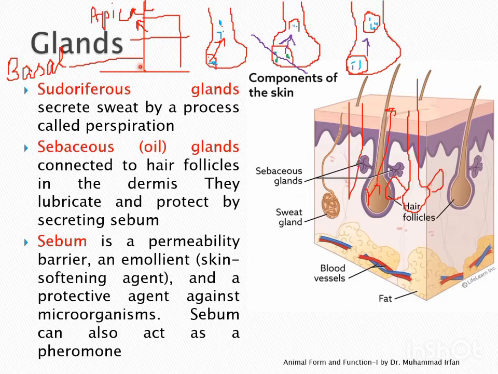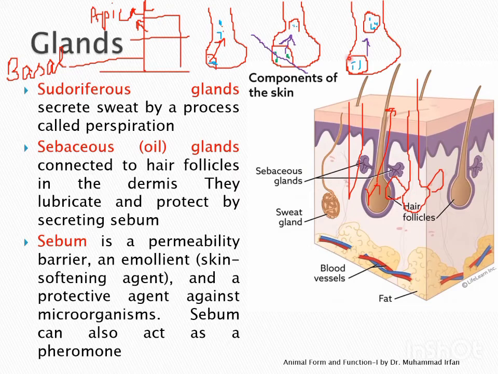We have to remember that most of these exocrine or endocrine glands arise from the epidermis. So in the case of skin, the sebaceous glands and the sweat glands also arise from the epidermis and go deep into the dermis.